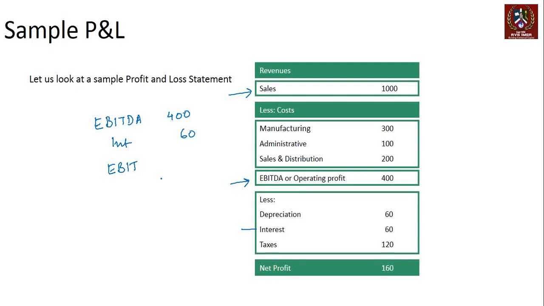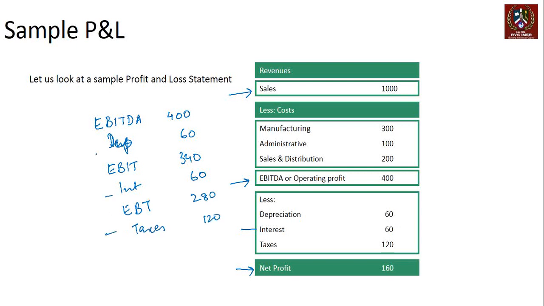And so those numbers then come in, and then eventually we arrive at a net profit number here. You first remove the depreciation here by 60 to get to EBIT, which is 340, and then you remove the interest, which is 60, to get to profit before taxes, which is 280, and then you apply taxes to it, which is 120.